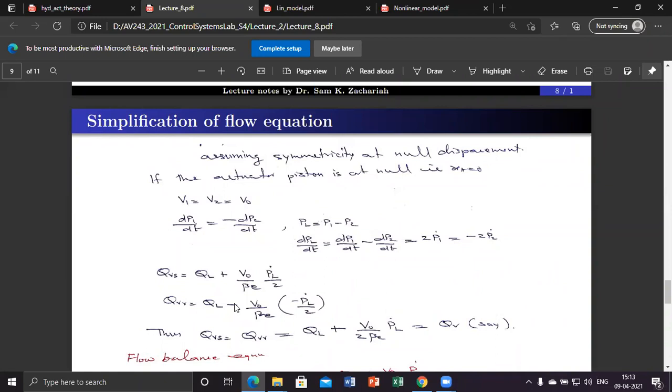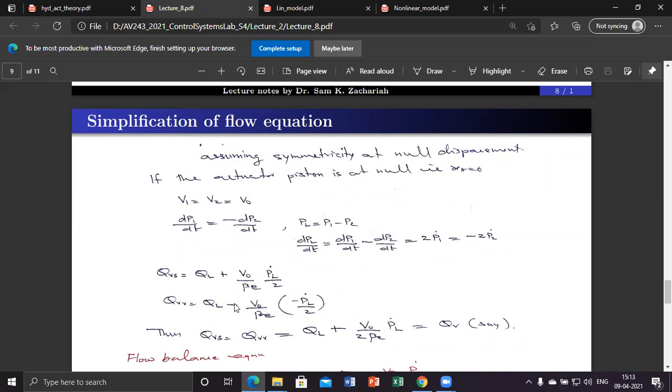So if you increase the pressure in the forward chamber, the fluid gets compressed, which demands some inward flow, compressibility flow. Along with that, the actuator chamber will expand while you increase the pressure. That expansion also will demand additional inward flow.